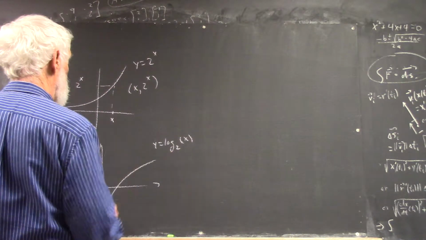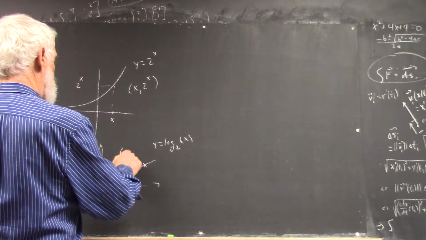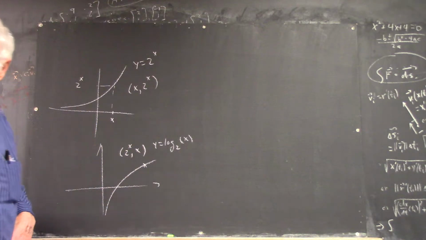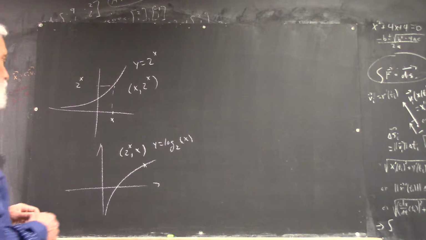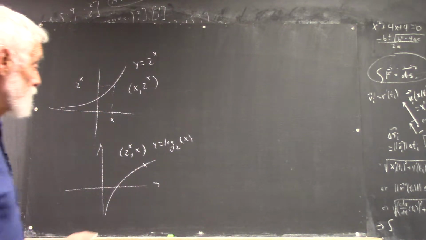The corresponding point on this graph is a point where the coordinates are reversed, which would be the point 2 to the x, x. Okay? So we can say this.